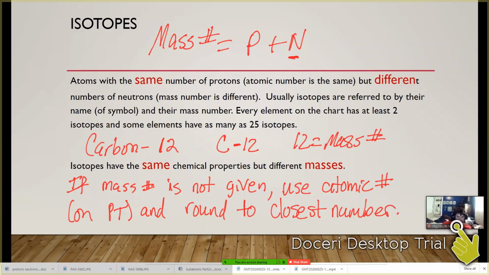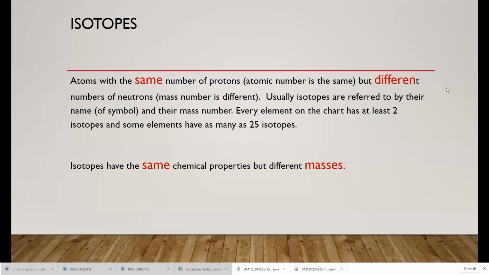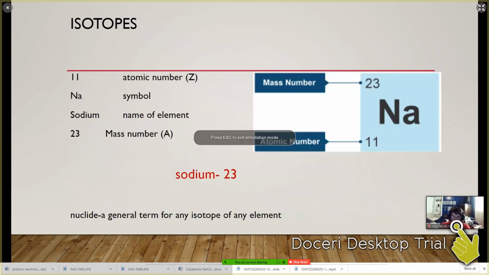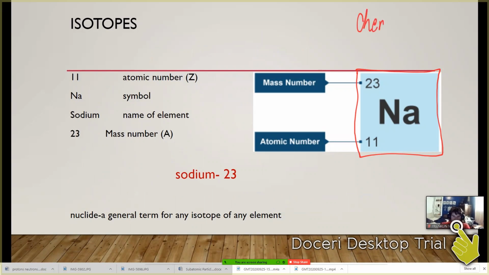All right, we're going to look at some notations. So this is a real typical notation, what you see right here. It's called chemical or nuclear notation because it tells you what's in the nucleus. The smaller number is always going to be the atomic number.